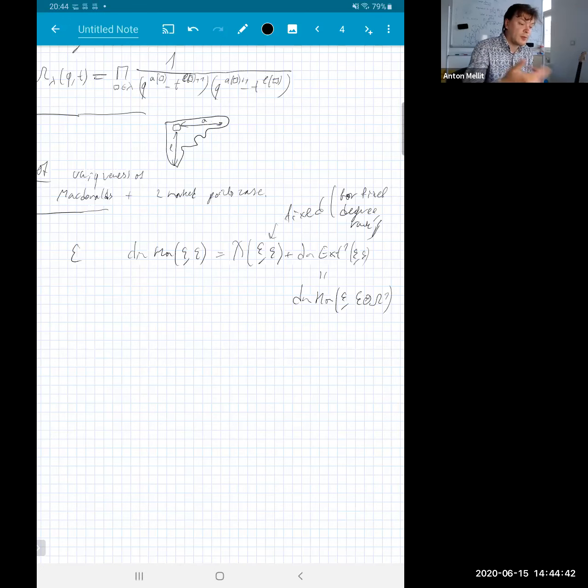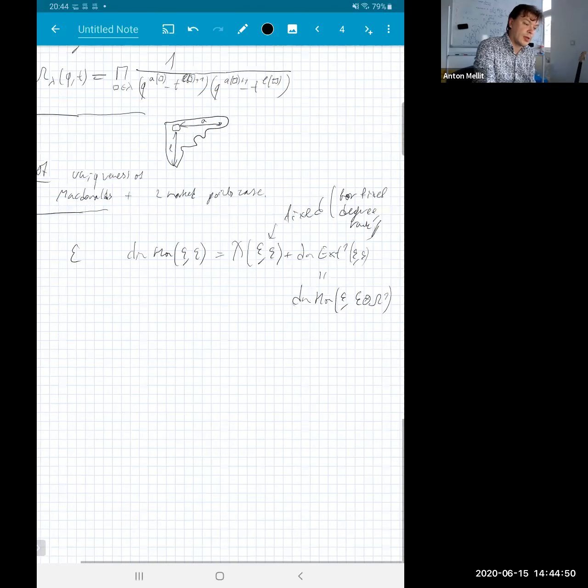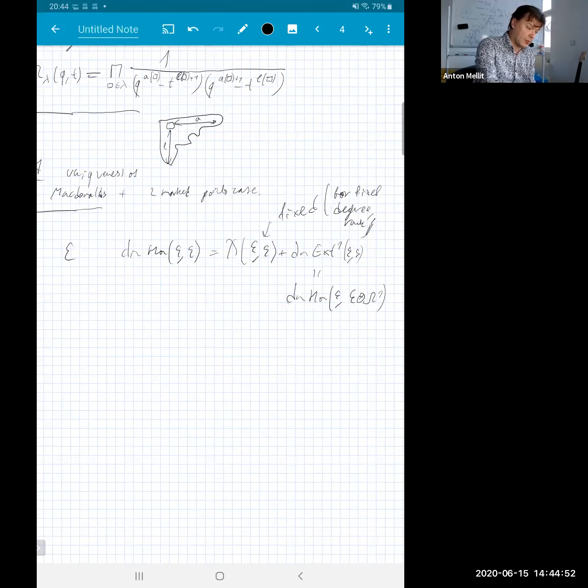So you obtain formulas for Higgs bundles, but they can be deduced from those formulas, where you have to pass from counting nilpotent endomorphisms to all endomorphisms, and then via this formula to Higgs bundles.